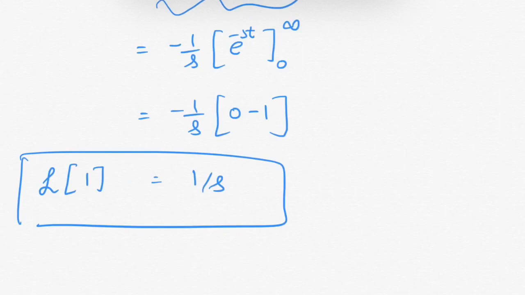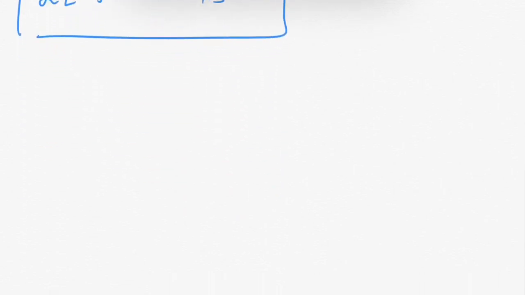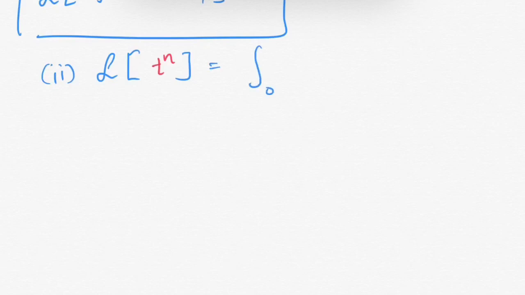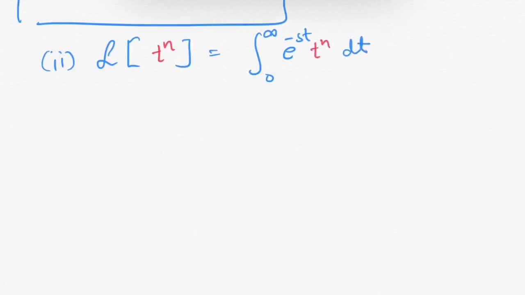Laplace transform of t raised to power n. This equals the integration from 0 to infinity e raised to power minus st t raised to power n dt. To solve this integration we'll use the substitution method.